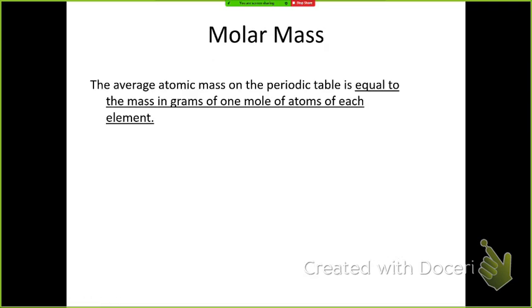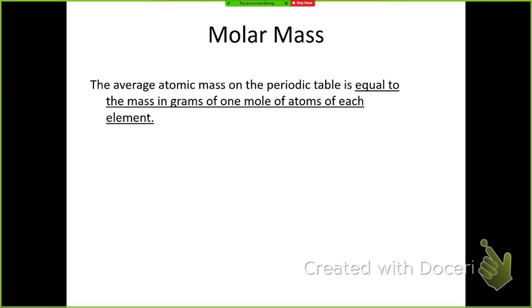So what we call this next thing is molar mass. The average atomic mass on the periodic table is the mass in grams of 1 mole of atoms of each element. If you look at different elements, for example, hydrogen has an atomic mass of 1.01, and carbon has an average atomic mass of 12.01.